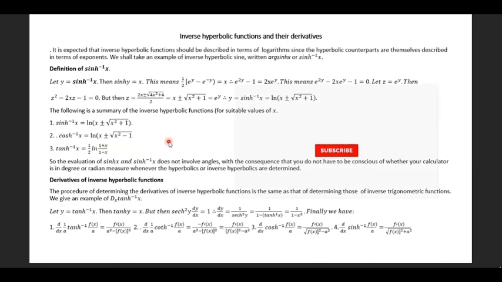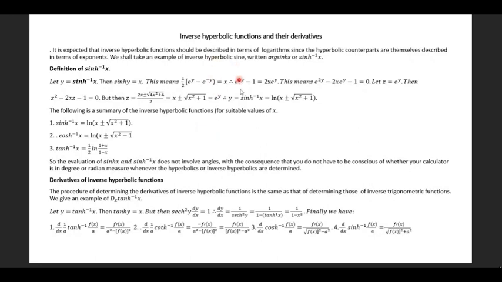So what does it mean? What it means is that when it comes to hyperbolic functions or inverse hyperbolic functions, the main difference from the trigonometric ratios is that in the case of trigonometric ratios, we had functions and angles.